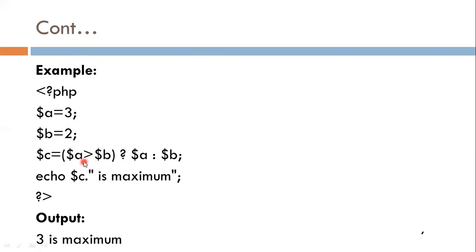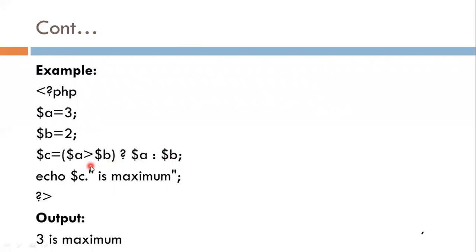Here 3 operands are there: first the condition, then second, and then third. So it is known as the ternary operator. I write the code: $a greater than $b, then question mark, $a as the true part. Means if the condition is true, then $a is executed. If the condition is false, then the false part $b is executed.